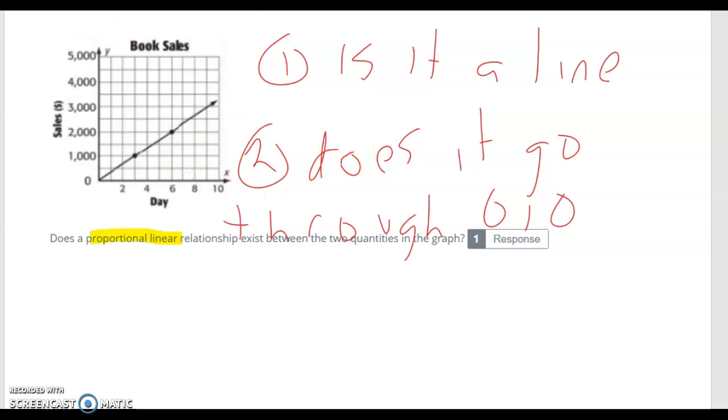So let's look at this. Is it a line? Yes, that's a line. Check mark. Does it go through 0, 0? Yes, it does. This is a proportional relationship.